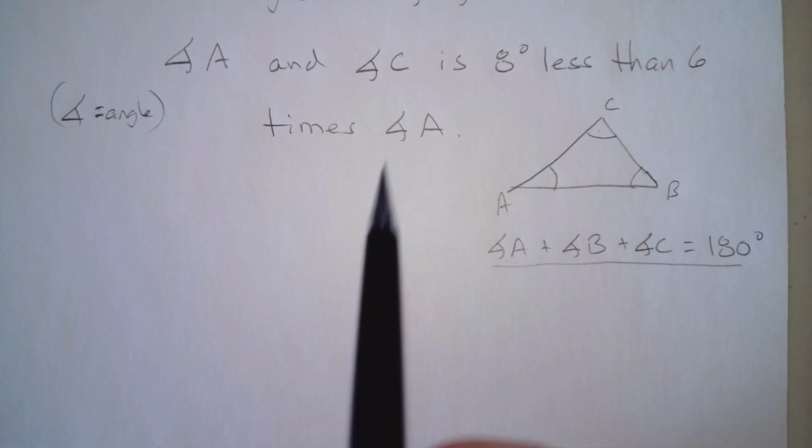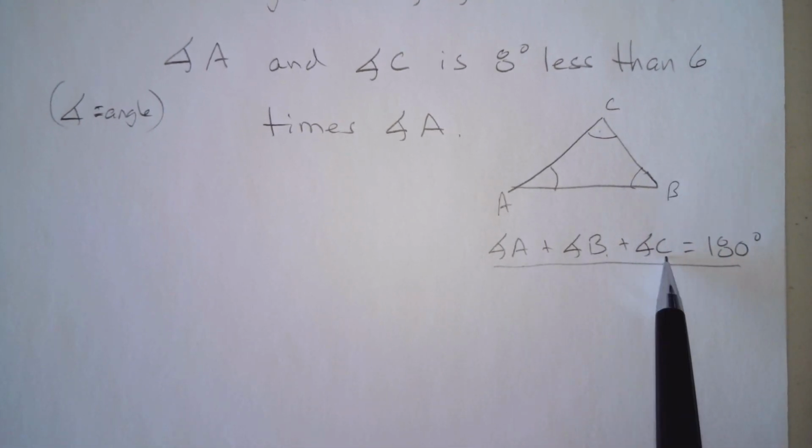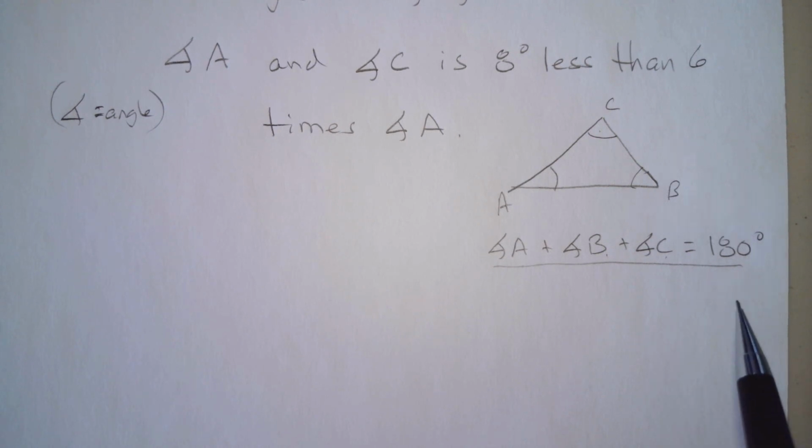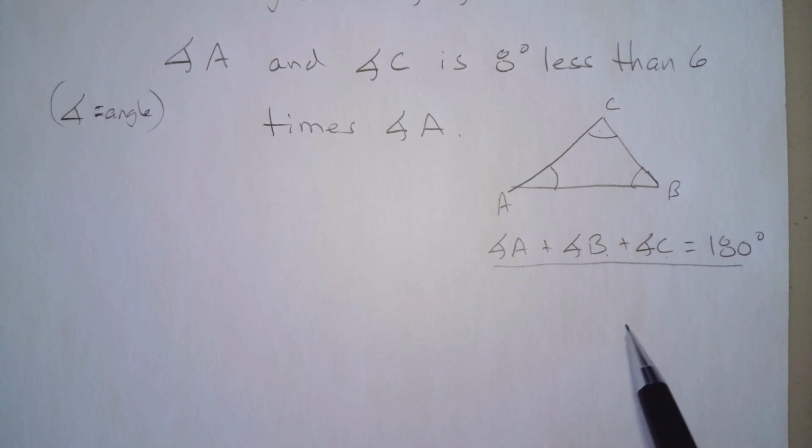But what does this tell us? We have one equation, 3 different letters. We have to try to get it down to one equation with only one letter.